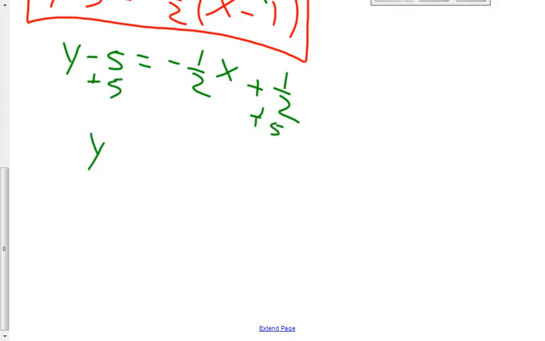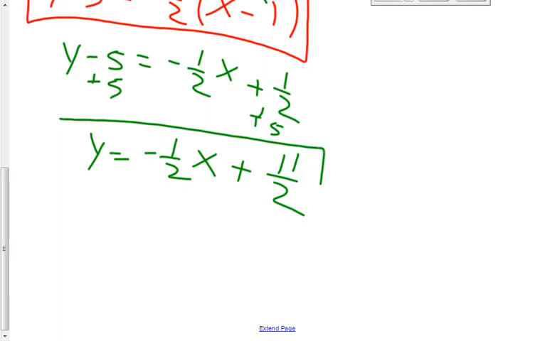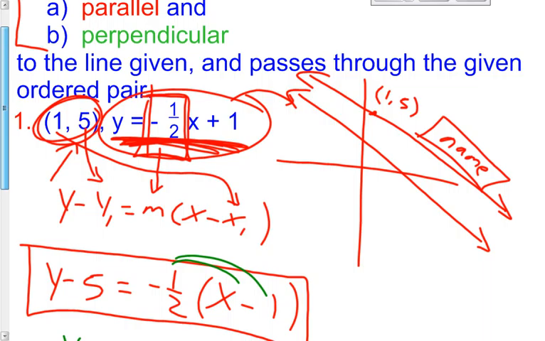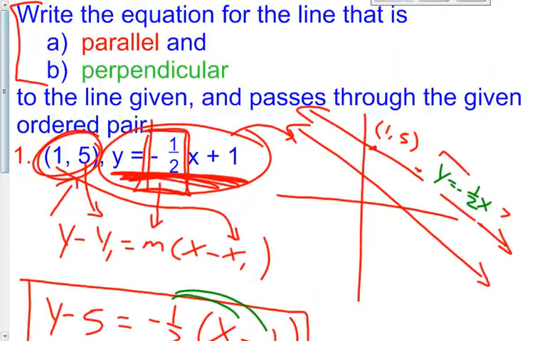So we get y equals a negative 1/2 x plus 5 1/2, and 5 1/2, if we make that into improper fractions, is 11/2. So this is my answer in y equals mx plus b form. Y equals a negative 1/2 x plus 11/2. So if we wanted to, we could say there is the name of that line. Y equals a negative 1/2 x plus 11/2.